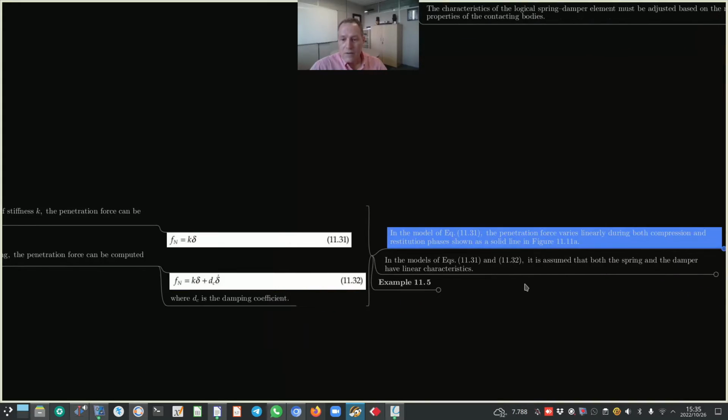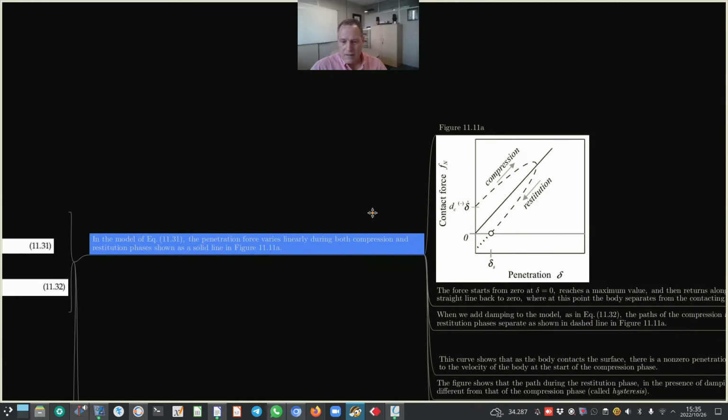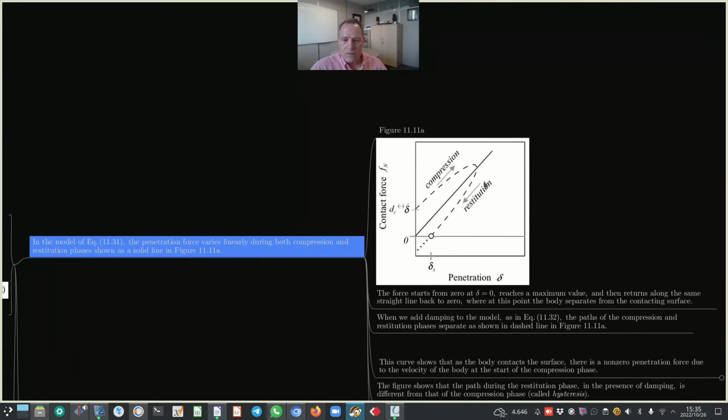Okay, so in the model of equation 11.31, the penetration force varies linearly during both compression and restitution phases, shown as a solid line in figure 11.11a. So let's just talk about this figure 11.11a in a bit more detail.